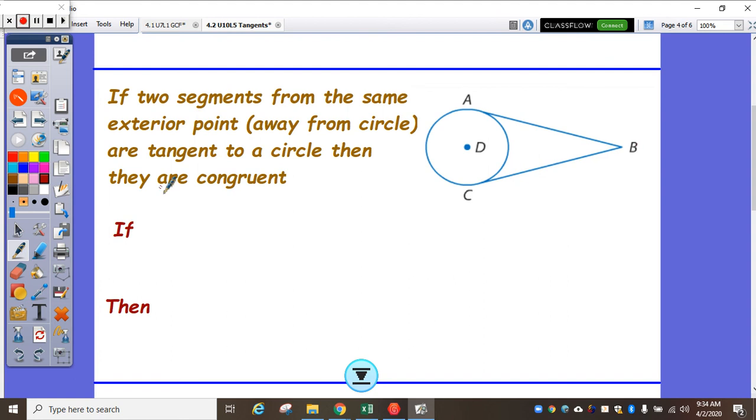All right, so if I have two tangent lines, I'm going to assume that these two are tangent lines, and I have a point anywhere outside of the circle itself. In this case, that point is B. The distance from the point of tangency is the same on both of those.